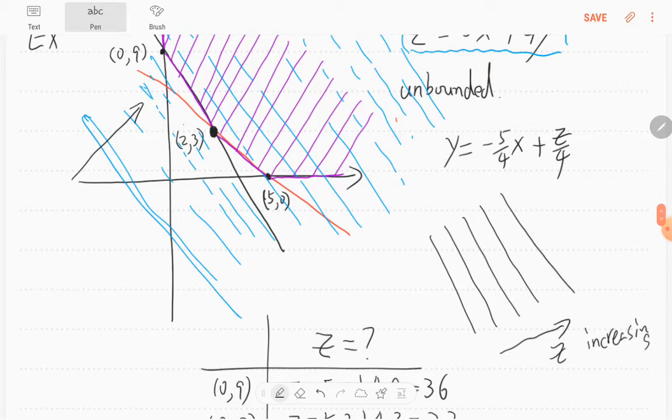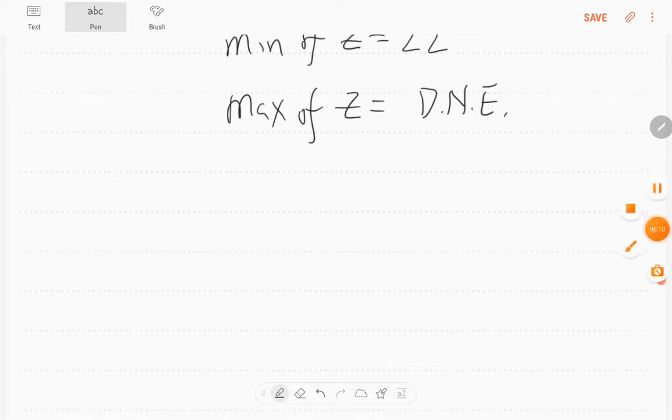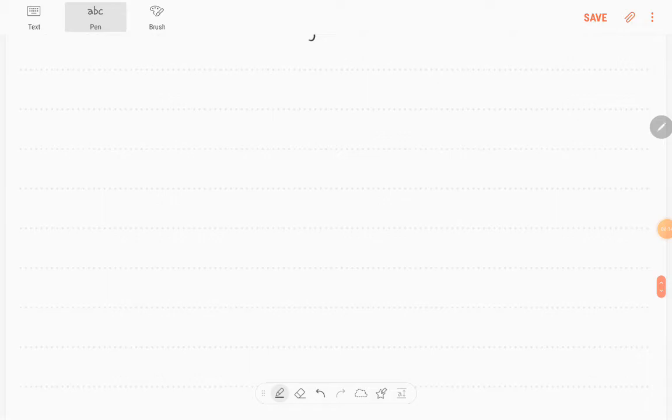So now let's look at linear programming. A linear programming problem consists of two parts. The first part is called the objective function.